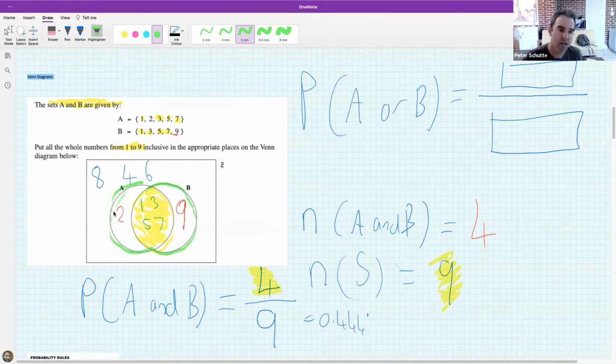So when I say A or B, I mean that region that I've just colored in green. So now if I ask you, what is the probability of landing in A or B in this sample space? It's still going to be 9 in total, but what is going to be the numerator?